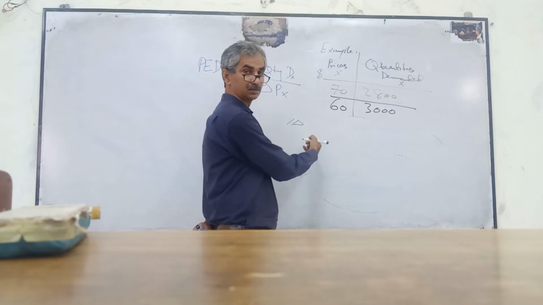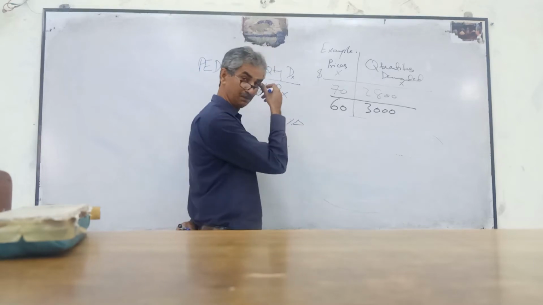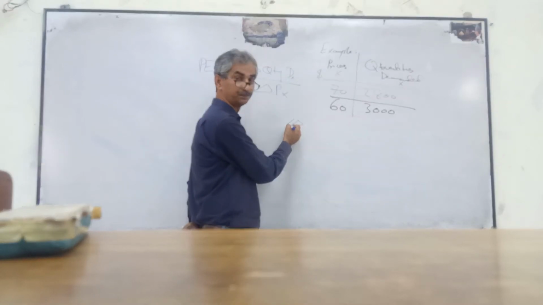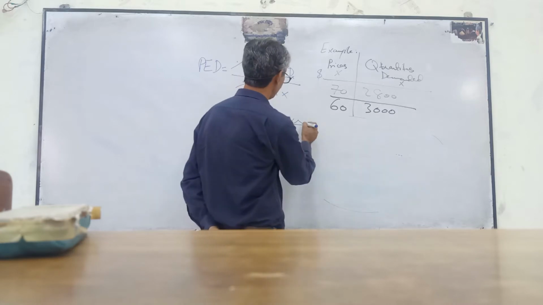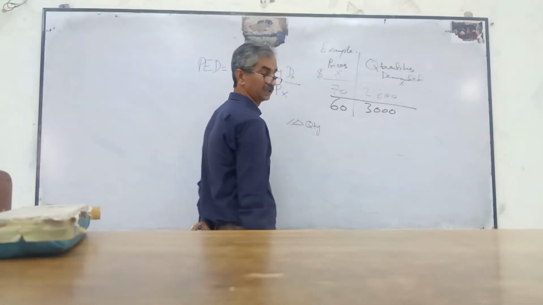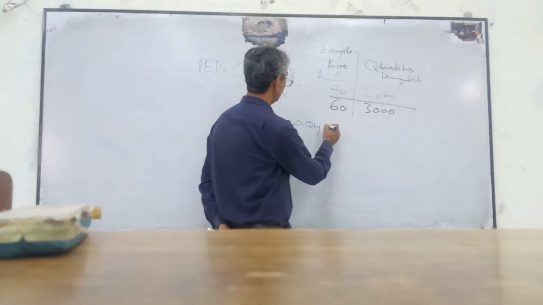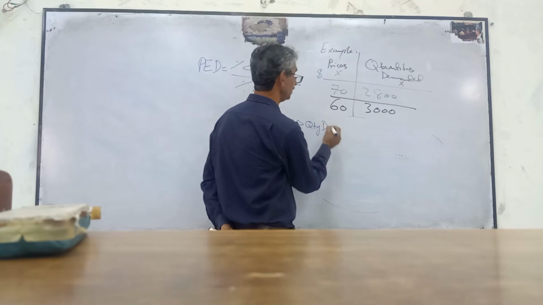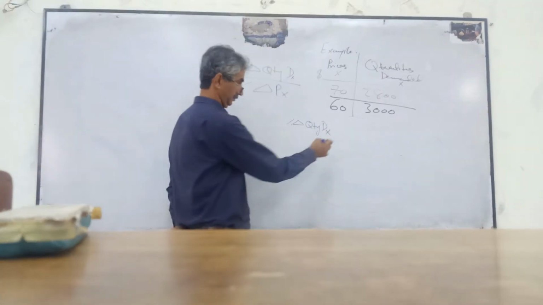We use this sign for the change in. Either you write the complete words, the change in, or you use this symbol, and this is also the percentage sign. Percentage change in quantity. I'm using QTY for quantity, D for demanded, and X for the product.